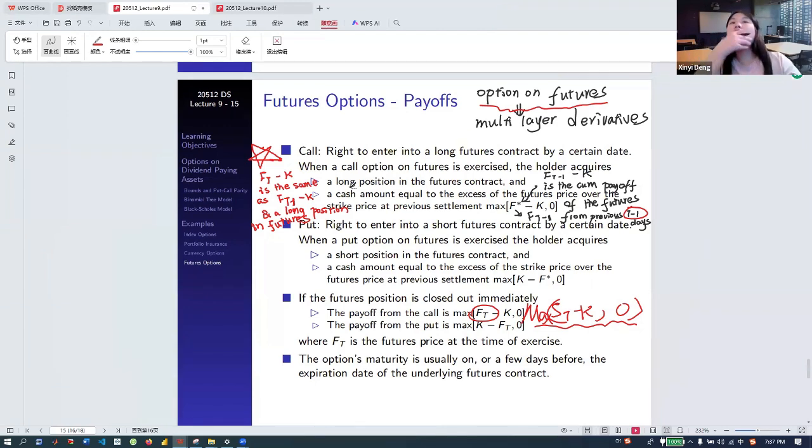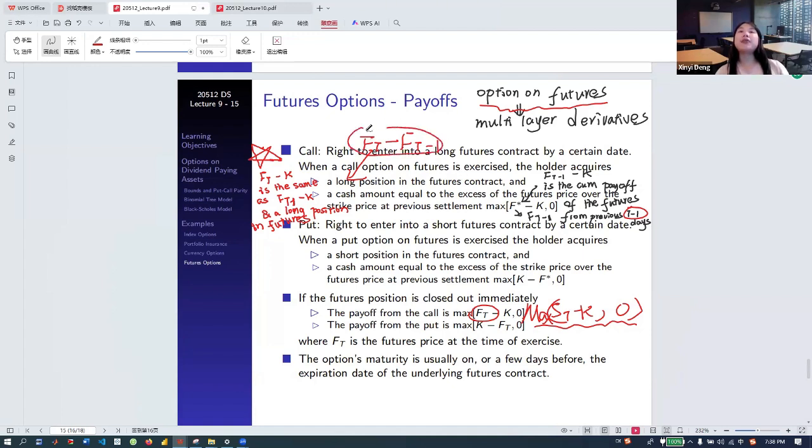But recall that futures are marked to market, so the remaining value of that long position would just be F_{T-1}.